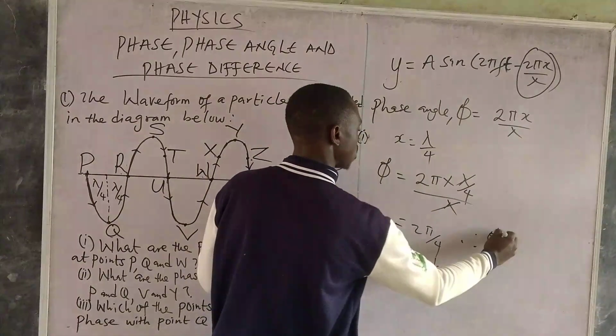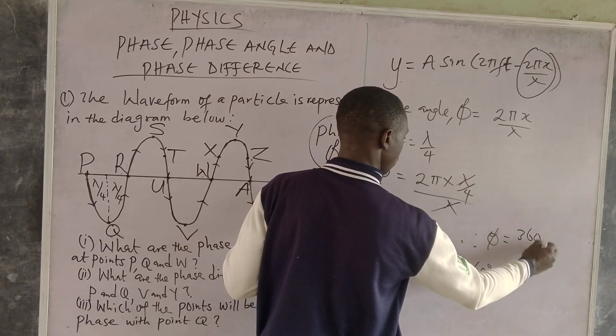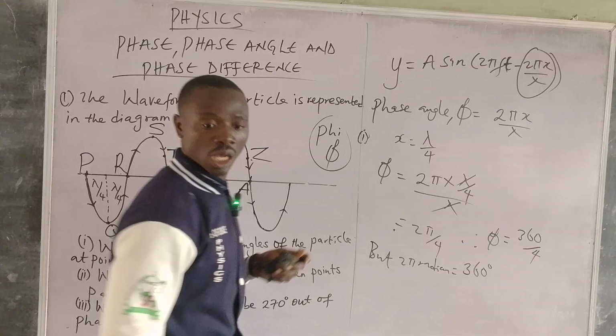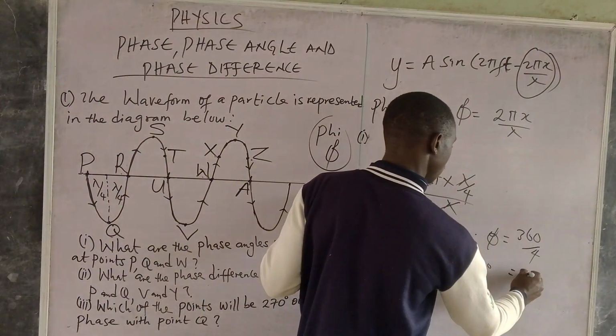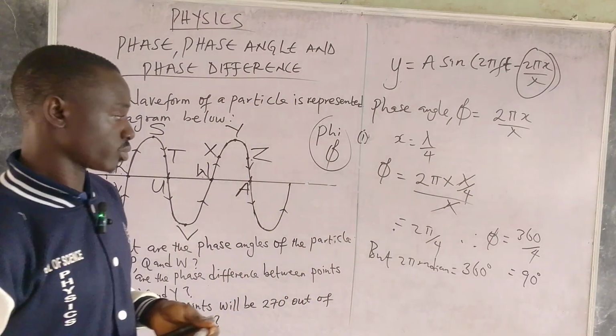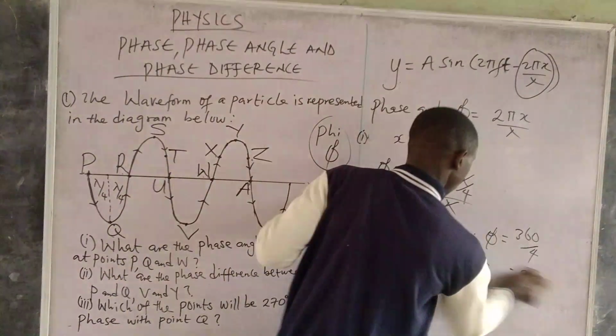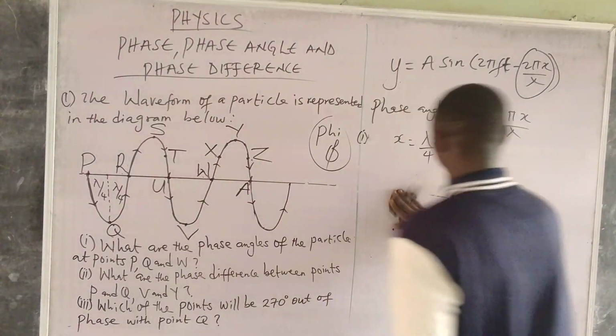Therefore, phase angle will be equal to 360 over 4. And what is 360 over 4? We are going to have 90 degrees. So that's the phase angle. All right? 90 degrees is the phase angle for point Q.